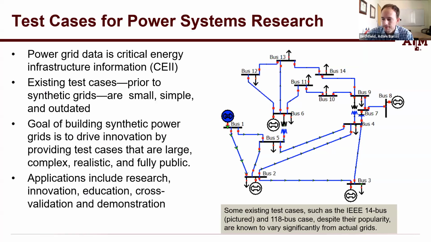Going back to the previous slide, in addition to real grids just simply being larger in terms of the number of buses compared to these test cases, it's not just the size, but also features and complexities, things like tap changing transformers, impedance correction tables, remote generator regulation, just to name a few.